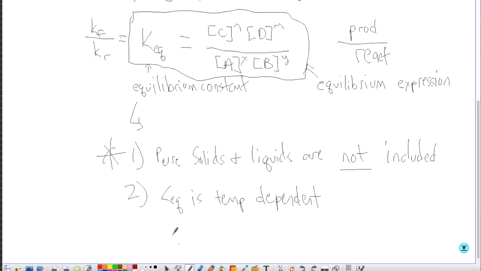And the third thing is that there are no units, okay? This is kind of a blessing and a curse because when you're solving for equilibrium constants, you don't have to worry about units.